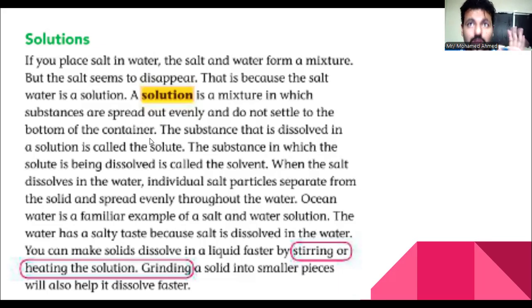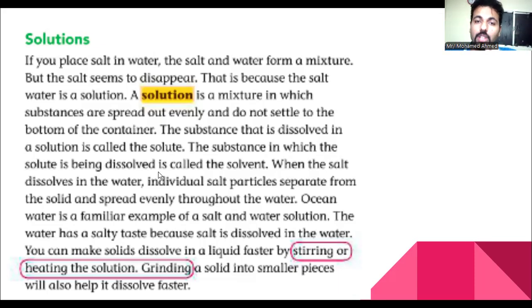Again, a solution is a kind of mixture, but the components or the substances are spread out evenly in all directions, and you cannot observe the particles by your naked eye after dissolving. So the substance in which the solute is being dissolved is called the solvent. Listen, here I have water and salt.